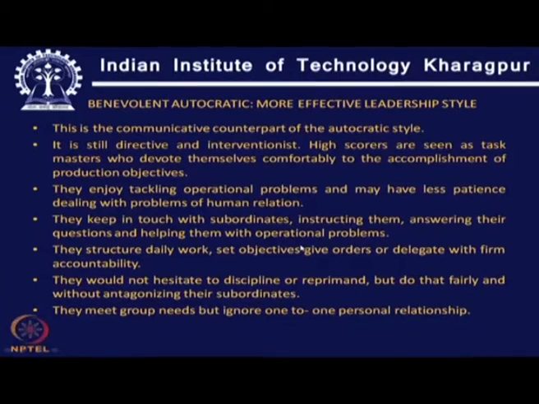Again, benevolent autocratic is taken to be a more effective leadership style. In this, the leader is autocratic in nature, but they communicate with their subordinates, they convey messages to them, they discuss with them, they answer their queries, they keep in touch with their subordinates, and they delegate responsibilities. What happens here is they do not want to antagonize their subordinates.